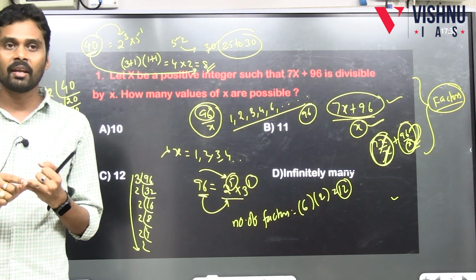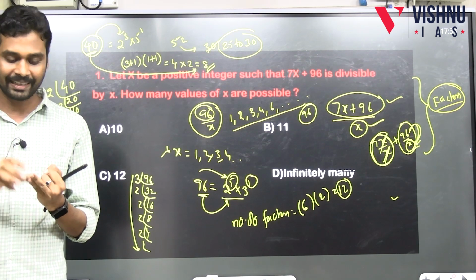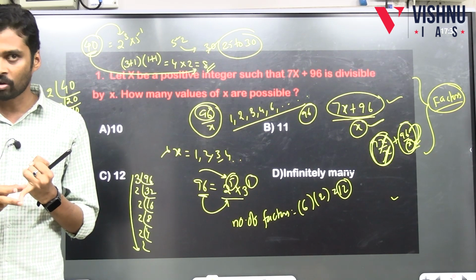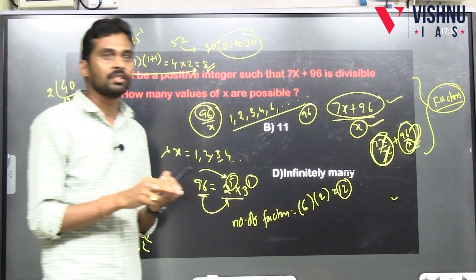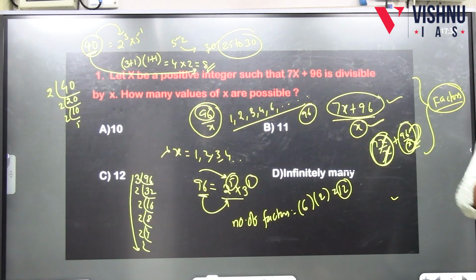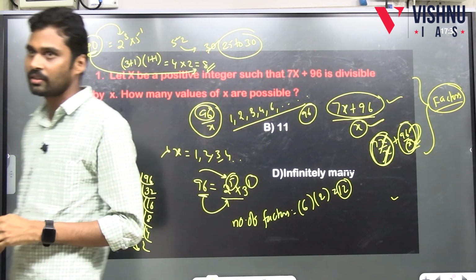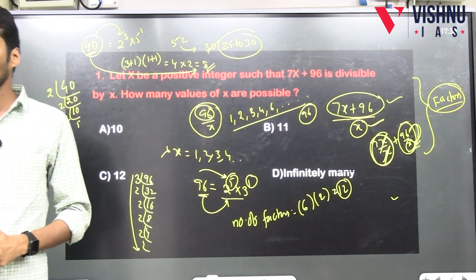The two major areas the CSAT focuses on every year are the number system and permutations and combinations. The more you go into the depth of these two topics, the more questions you can solve. You can see this in the question papers from 2019 onwards.